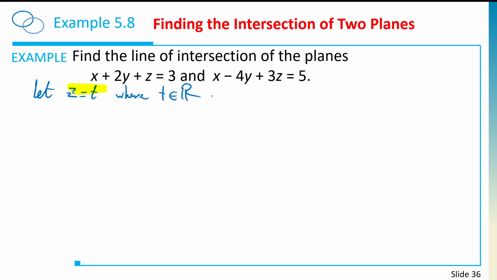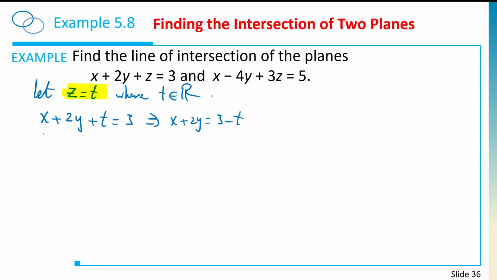Okay, so I have to start with this. So assume that z equals t. Now, I'll start with substitution. So if z is equal to t, then the first equation is x plus 2y plus t equals 3, which means that x plus 2y equals 3 minus t.